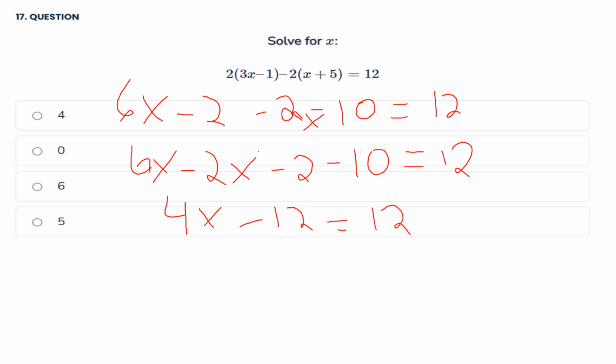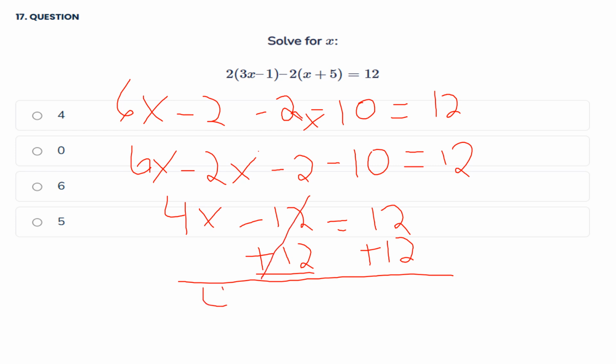Now I'm going to try to get x on the side by itself. To do that for this problem, I'm going to add 12 to both sides. This 12 cancels out. That leaves me with 4x equals 24. And to get x on the side by itself, we divide each side by 4.